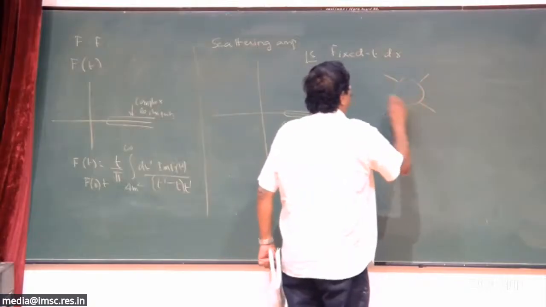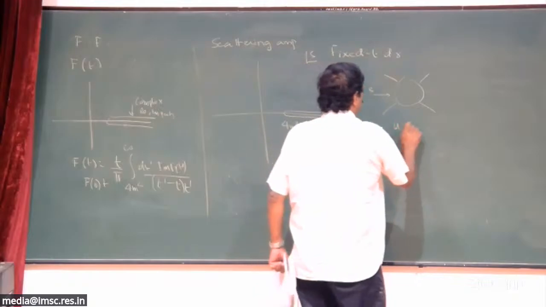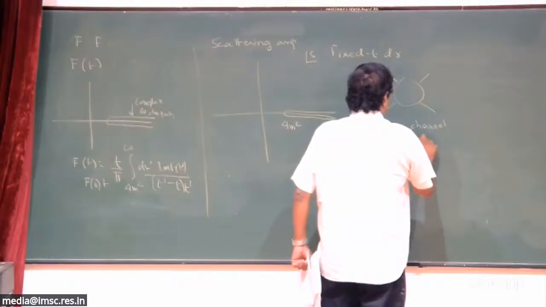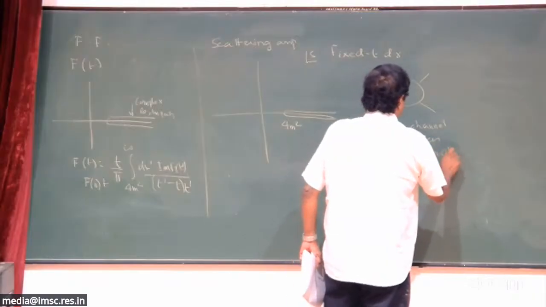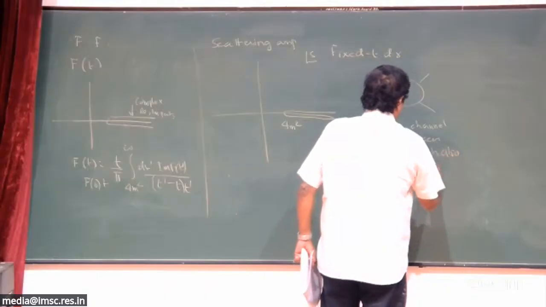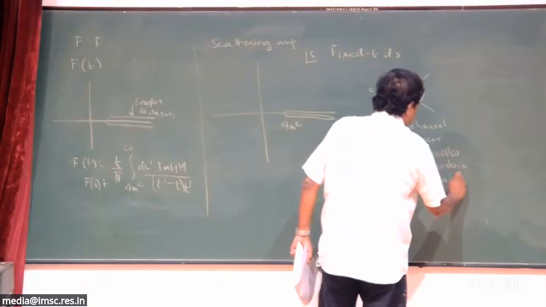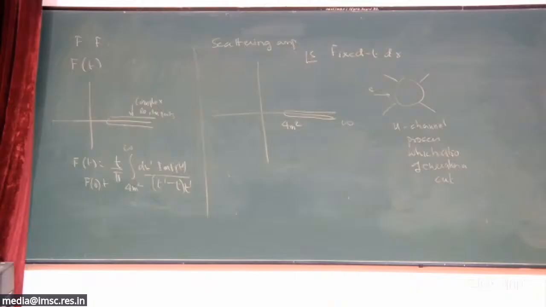this is the S channel, but there is a corresponding U channel process, which also generates a cut, because it's the same analytic function that describes scattering in the S channel, the T channel, and the U channel in suitable physical configuration.